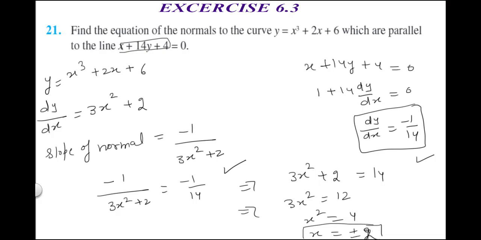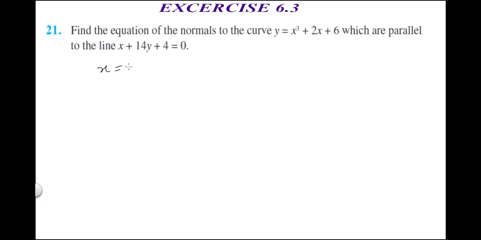Correct? We get the value of x as plus minus 2. If we know x as plus minus 2, that means we got two values of x. We can find the two values of y also. So just putting them, if we have x as 2 and x as minus 2, we can find out the values of y. It will be 2 cube plus 2 into 2 plus 6. So 2 cube is 8, plus 4 is 12, plus 6.